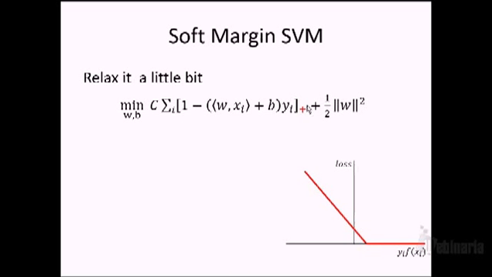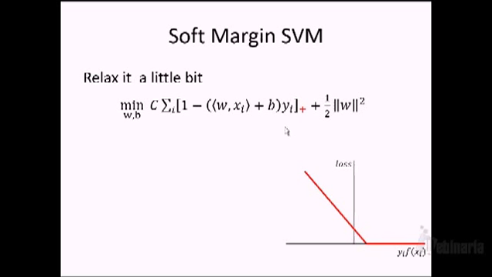And we can basically reformulate the problem as C times the amount of violation plus the regularization term, where this plus subscript means that this expression equates to 0 if whatever inside is negative. So if you are on the right side and you are far from the margin, then there is no penalty.